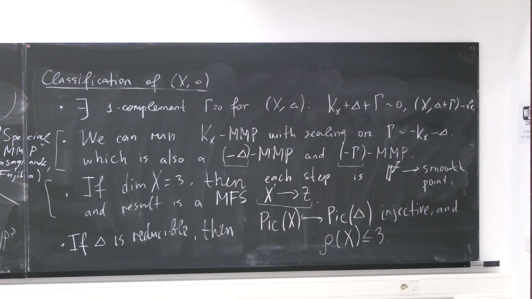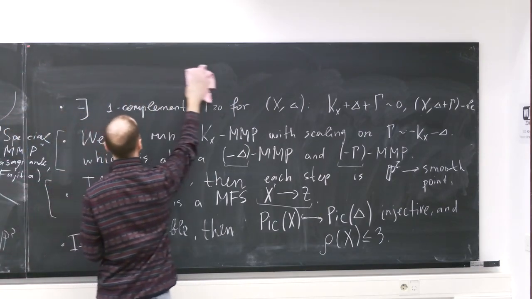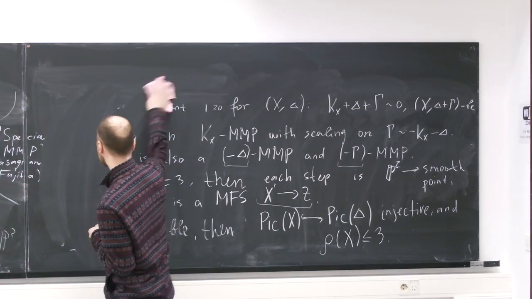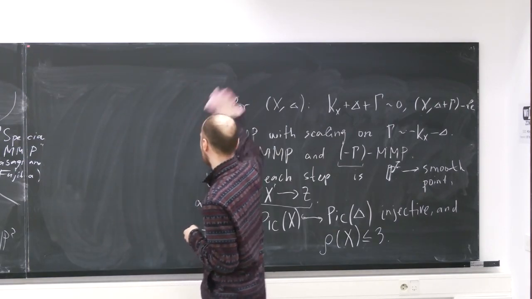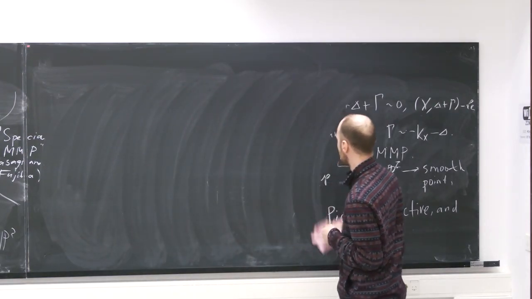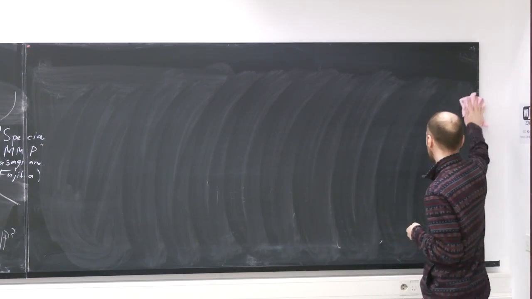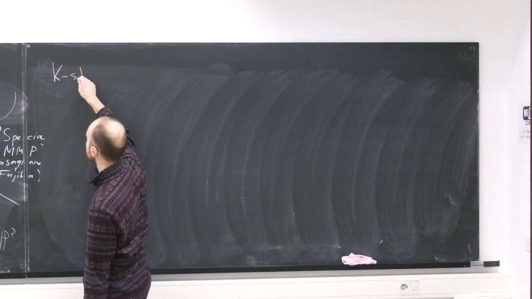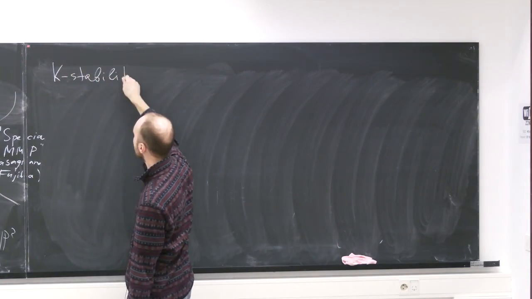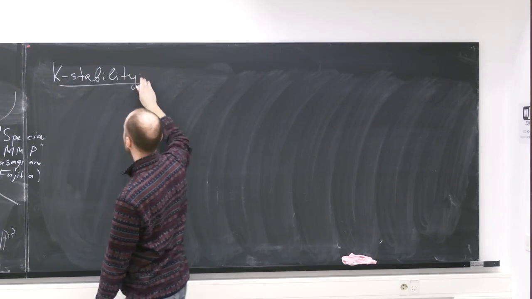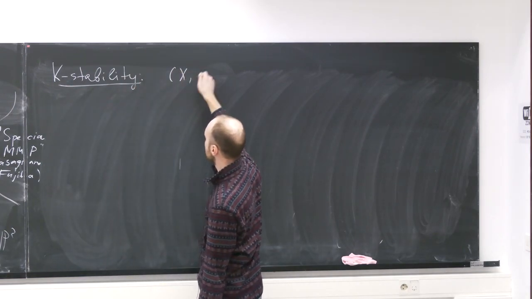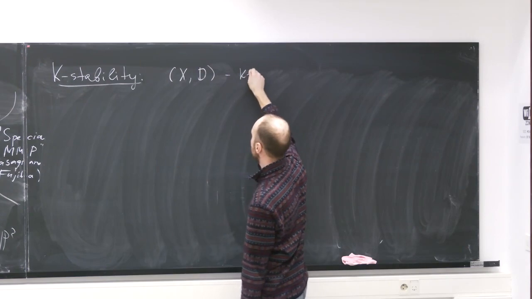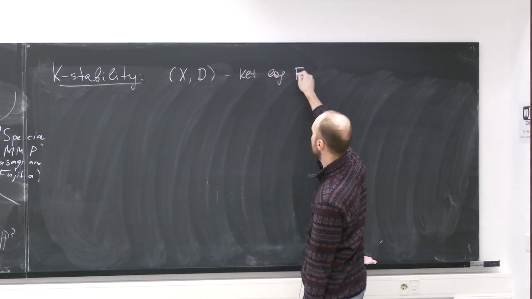Now I will talk about K-stability. I will briefly recall the main definitions. Now we will assume that (X, D) is a KLT log Fano pair.